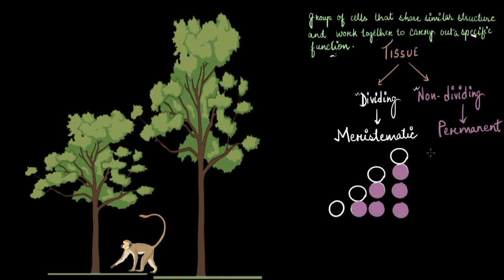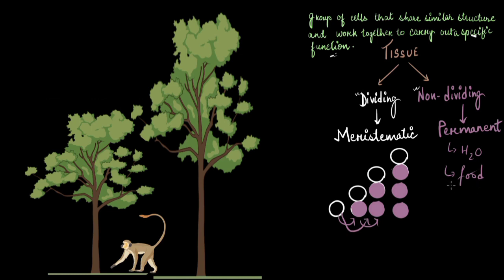Now what just happened? The meristematic tissue gave rise to a special kind of tissue, right? A permanent tissue. Now there are various types of permanent tissue, some responsible for water transport, some for transport of food. And here the meristematic tissue converted into a special type of permanent tissue.